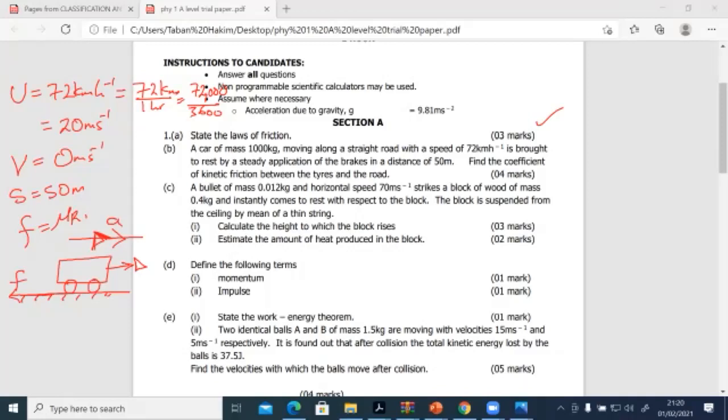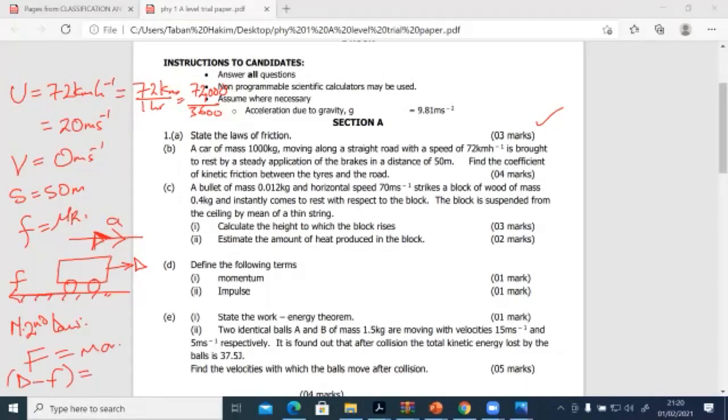So from Newton's second law of motion, our F is equal to ma, and this F represents the resultant force. Therefore our resultant force will be the driving force D minus the frictional force, the resistance to motion.